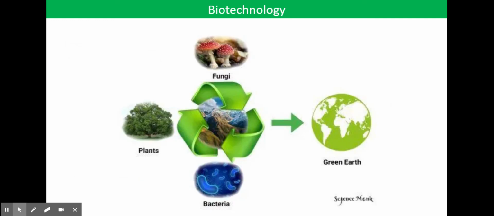Finally, we're going to look at bioremediation. Bioremediation is the use of microorganisms to clean the soil and underground water on polluted sites. The microorganisms convert the toxic pollutants to less harmful substances.